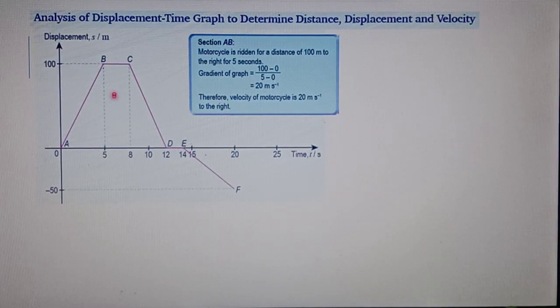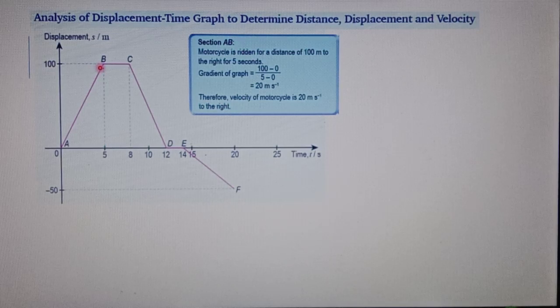For section AB, a straight line passes through the origin. The gradient of an ST graph equals velocity. This is a positive gradient and a constant gradient. This one is constant velocity. So from the gradient of the graph, we can calculate.